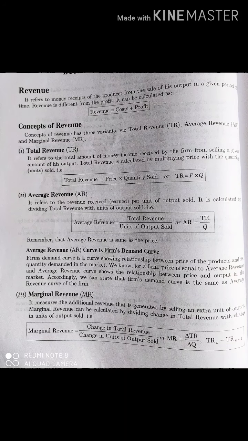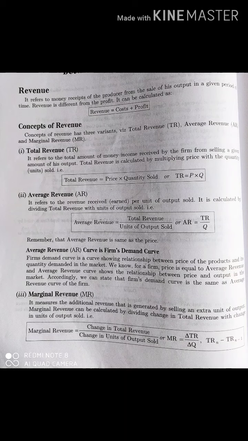Revenue is different from profit. Revenue is the sum total of the cost which has been incurred on production plus the normal profit earned on the product, or commodity. So the formula for revenue is cost plus profit.